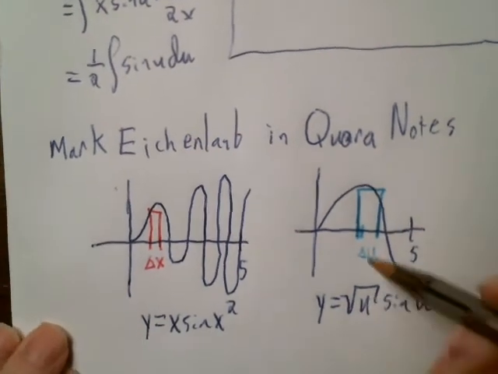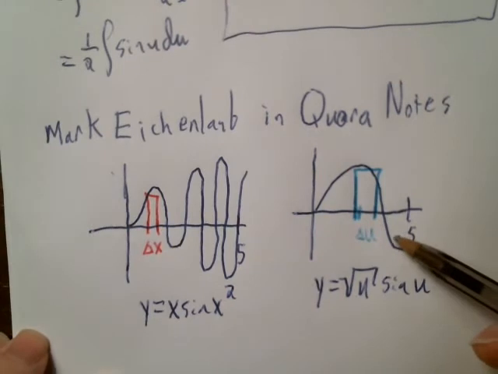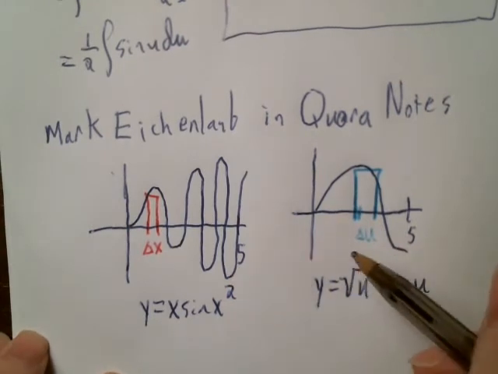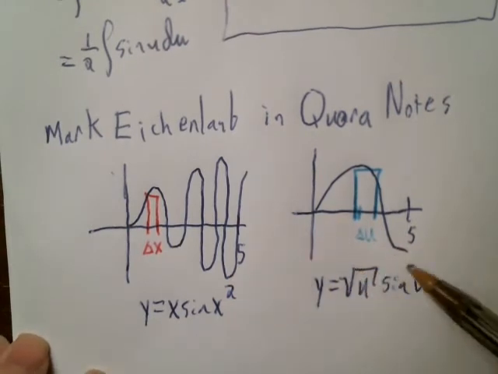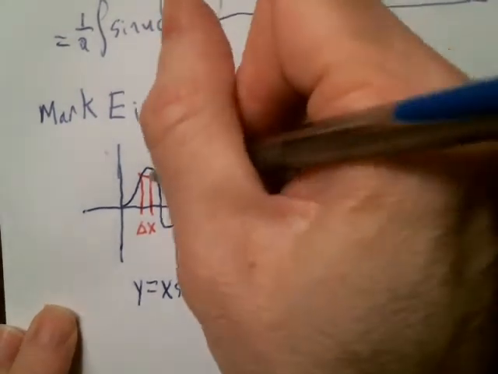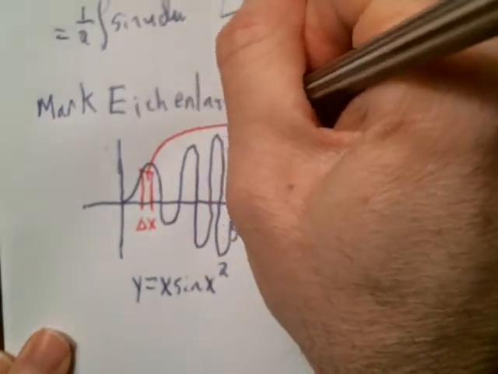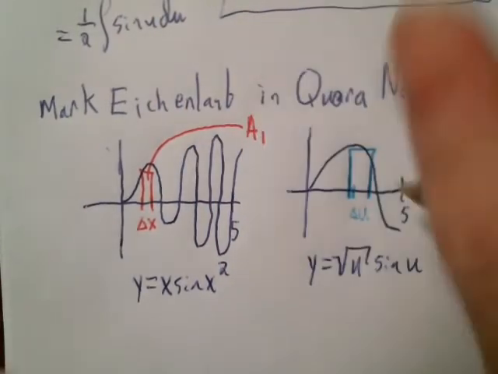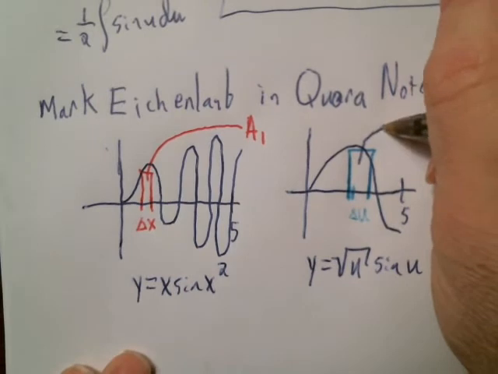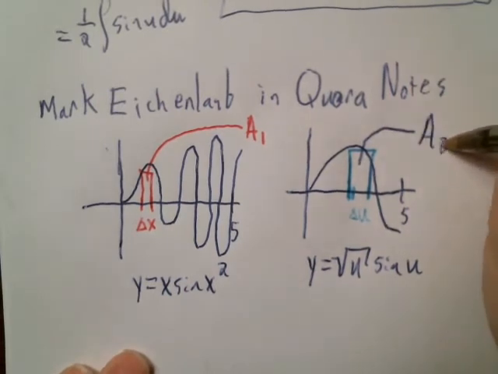He says that in doing the u sub, it changes the geometry of your Riemann sum, kind of. And you need to compare this thing, we'll call it a sub 1, to this guy right here, which we can call a sub 2.